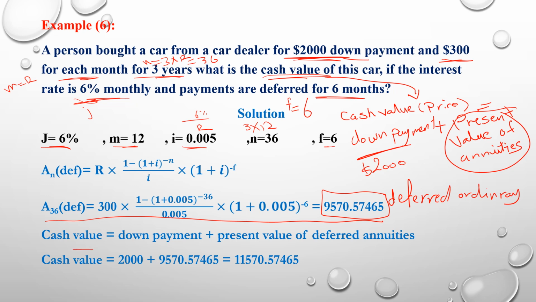So the cash value or the price of the car equals the down payment, 2,000, plus the present value of these annuities. By adding these two amounts, we get the price of the car, or the cash value of the car.